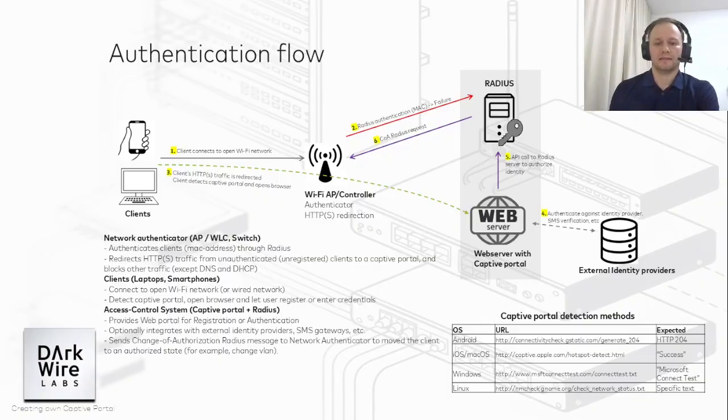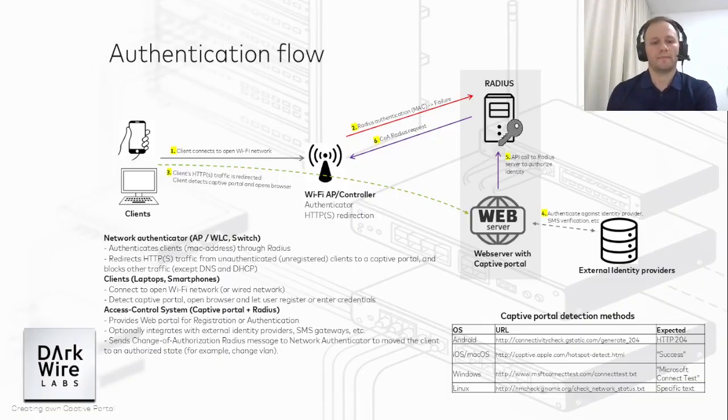In this case, usually the network device places the client in a restricted network, kind of an isolated network, and it redirects all HTTP or HTTPS traffic from this client to the web server for the captive portal. Usually the network device will allow only DHCP and DNS traffic and block all the rest.